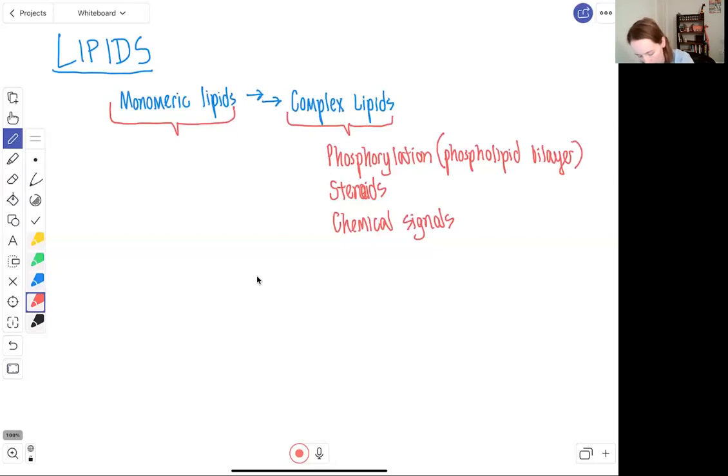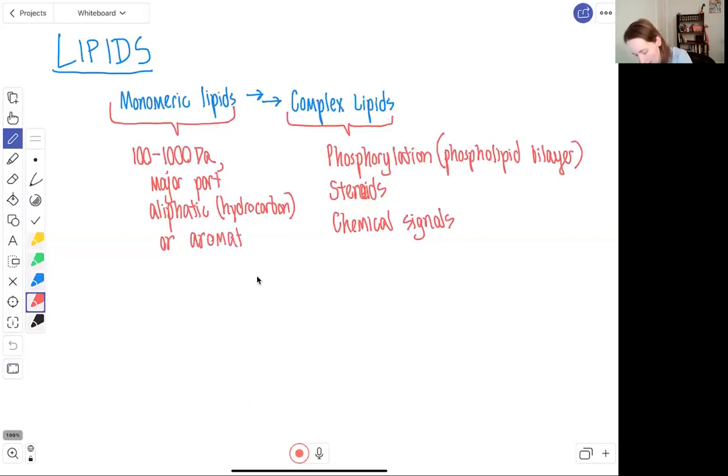The major part of that molecule is going to be composed of an aliphatic, meaning fatty, meaning hydrocarbon, or aromatic, specifically having a 6-atom ring with that alternating pattern of double and single bonds.